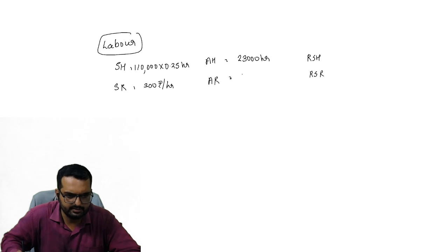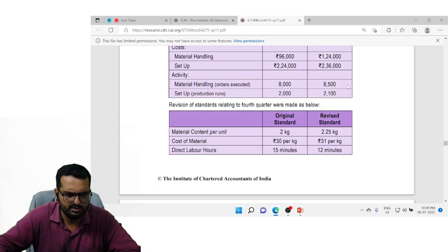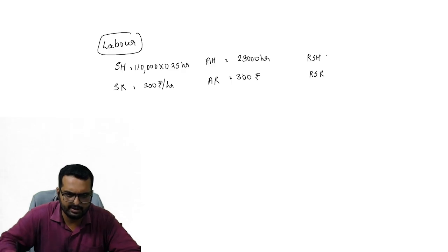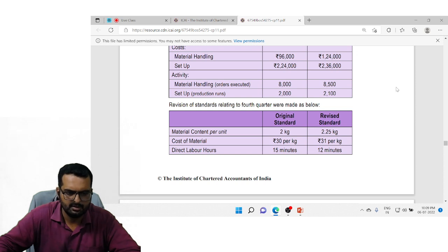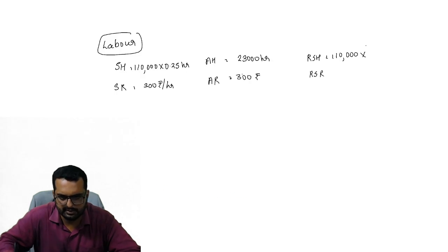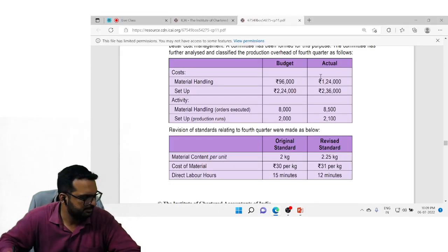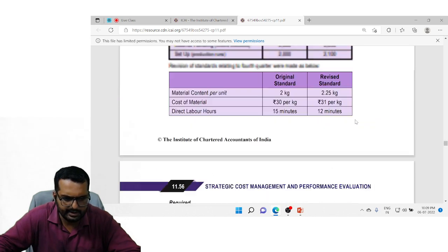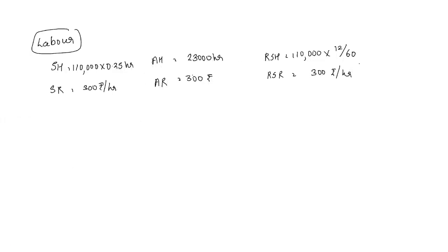And the actual rate is 300. There is no rate variance. RSH is going to be 12 minutes. So it will be 1 lakh into 12 by 60. Now here, what is going to be the rate over here? There is no difference. I'll put it as 300 rupees per hour. Write down. Now do the variances over here also.